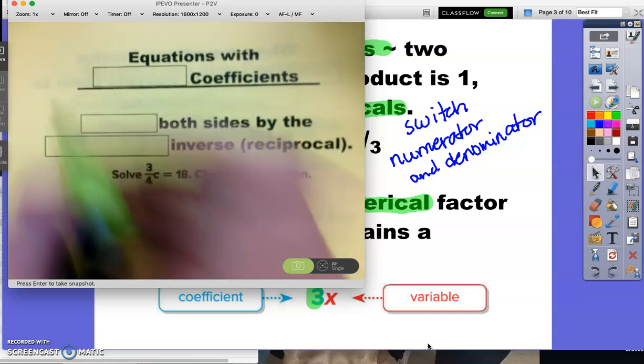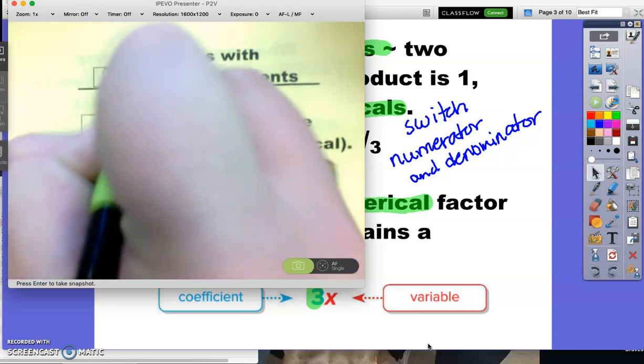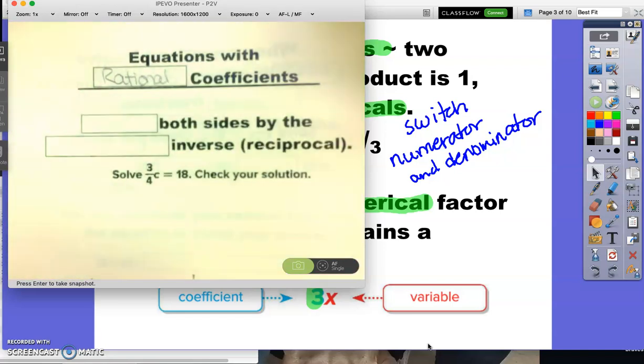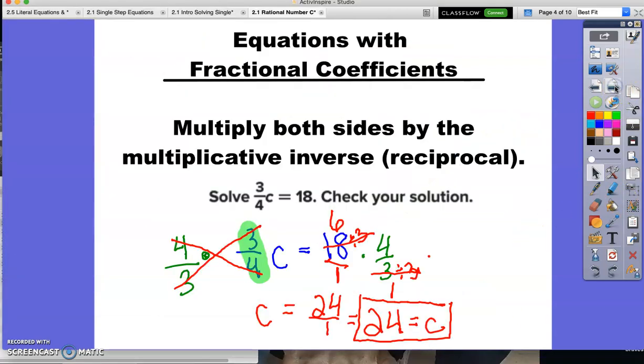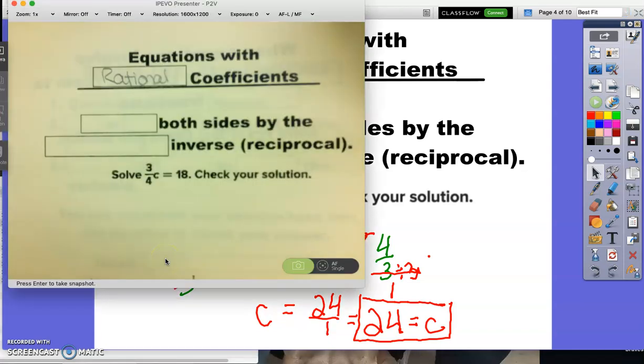Now, equations with rational coefficients. All that again means is we're going to be working now with fractions and decimals. And what you want to do is multiply both sides by the multiplicative inverse, or the reciprocal. So our first example is 3/4 C equals 18.